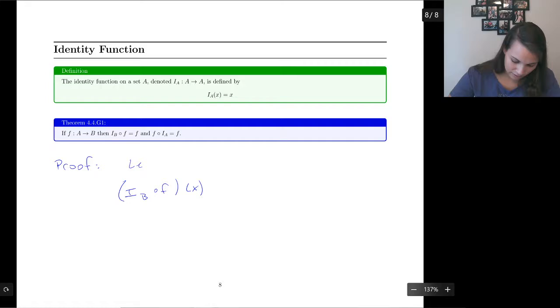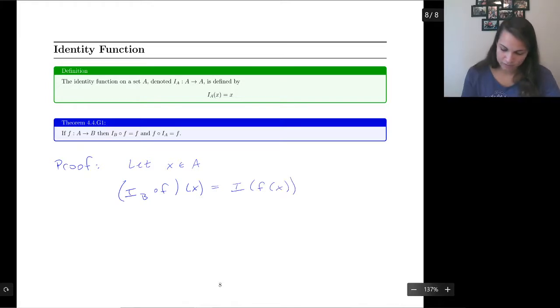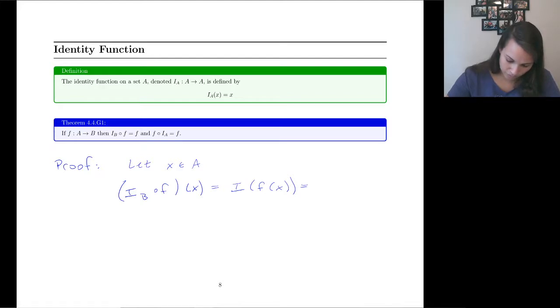Let's say let x be in A. Then when we do the composition of functions, we have I of f of x is going to be equal to just f of x, because f of x would have been an element in B. So let's go up and add that to the beginning.